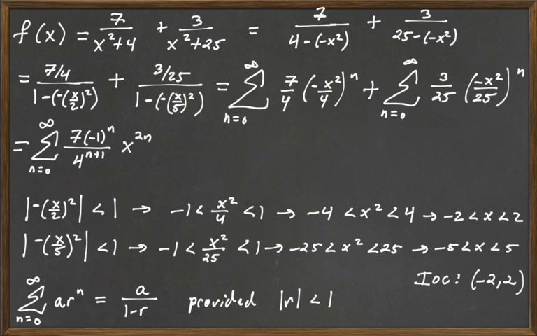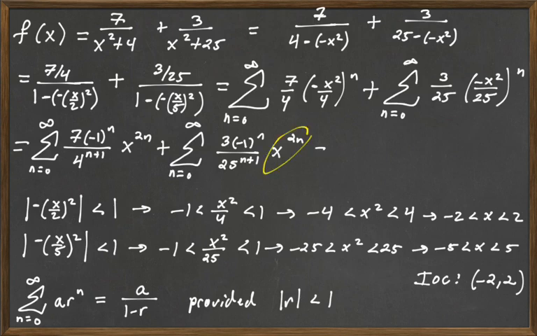Okay. Plus the sum n equals 0 to infinity of 3. And then here's our negative 1 to the n, over 25 to the first, and then to the n, so that's 25 to the n plus 1. x to the second power raised to the nth power would be x to the 2n.